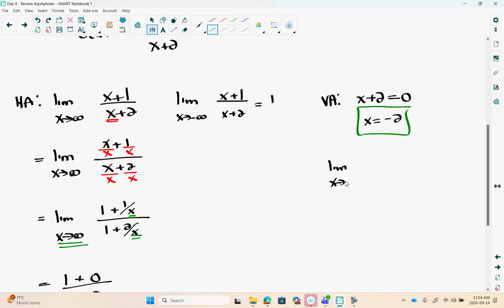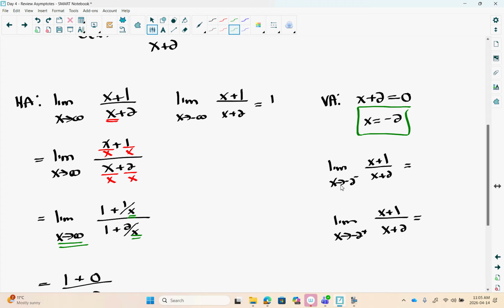I do not have to check to the left of negative 2, and I do not have to check to the right of negative 2. You could, because you are going to have to do this on a test. But it's not asking for this. So what I'm doing right now isn't necessary for today's worksheet. All right? I will get you to do it on the assignment, so we may as well figure it out.